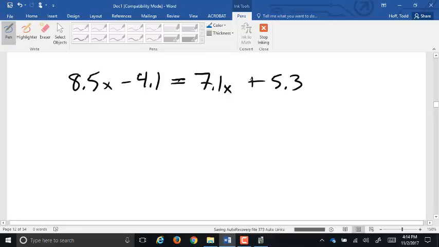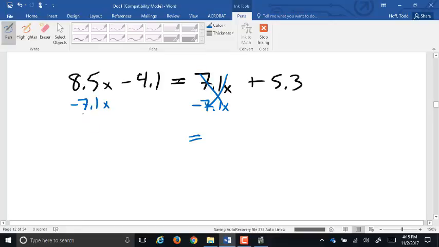Yes, the variable appears twice still, but this time it appears on each side of the equation. What does that change about how we have to handle it? Yeah, we can't just combine them anymore. We have to get rid of one of them. So to do that, I have to subtract one. Which one do I want to subtract? The smaller one, which will be 7.1x. So we subtract that, and it's gone. We have to make sure we subtract it from the other side as well.